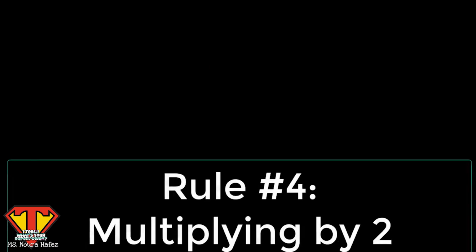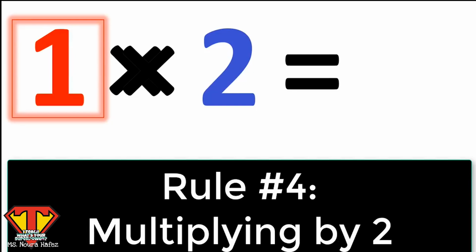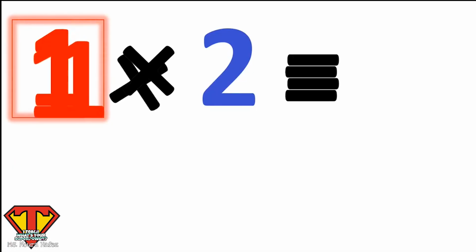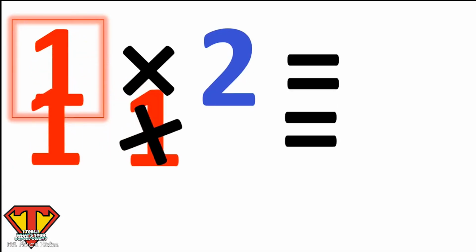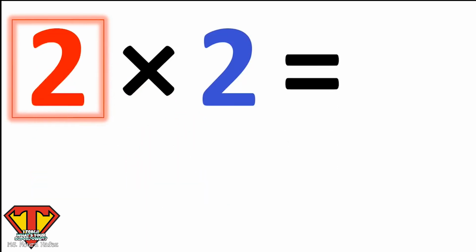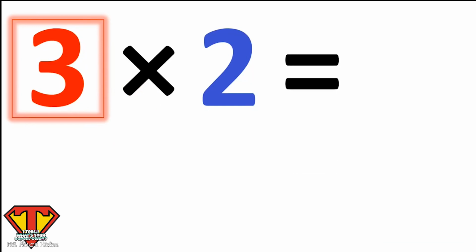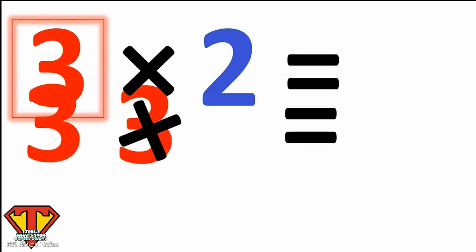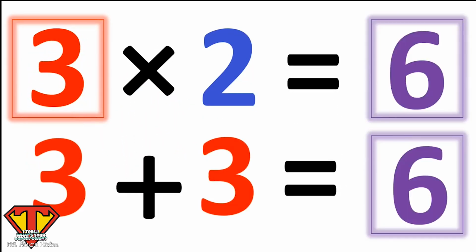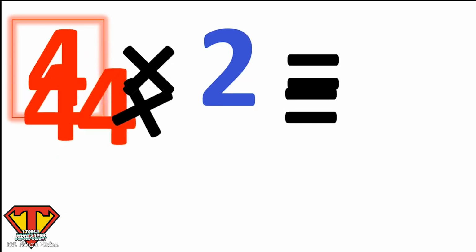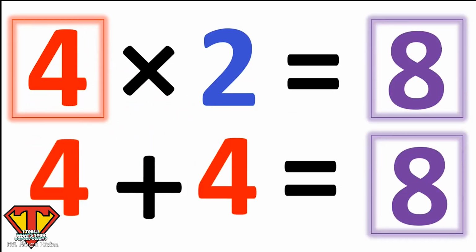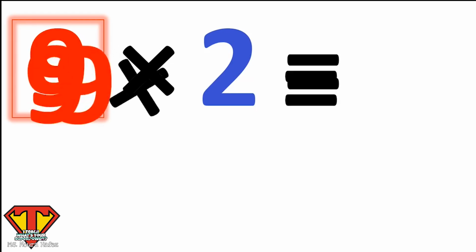And here is the next easy rule, multiplying anything times the number 2. There are two things that you can do there. First thing is you can double the number because 2 times 2 is the same thing as 2 plus 2. 3 times 2 is the same thing as 3 plus 3, and so on. Well, if you forget some of your basic addition, there is a backup method. That is the skip counting method.